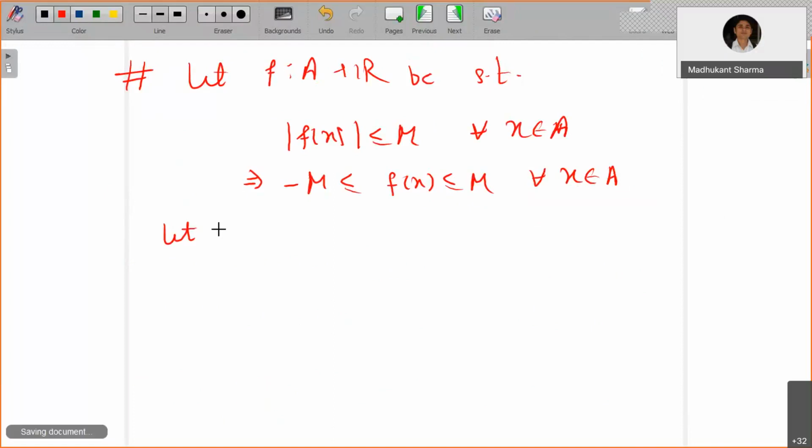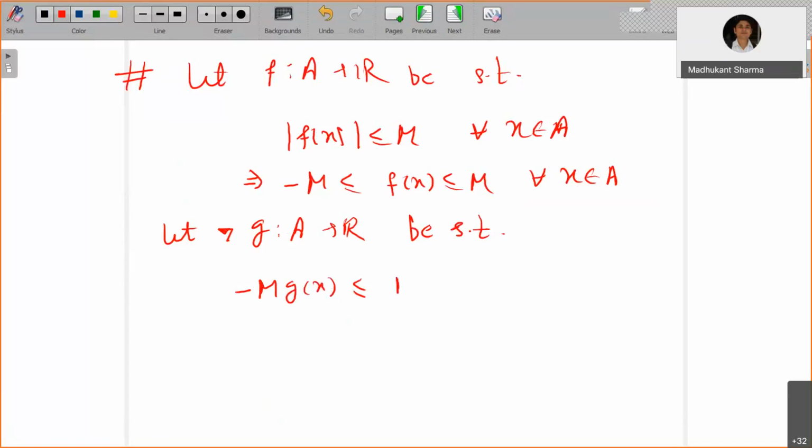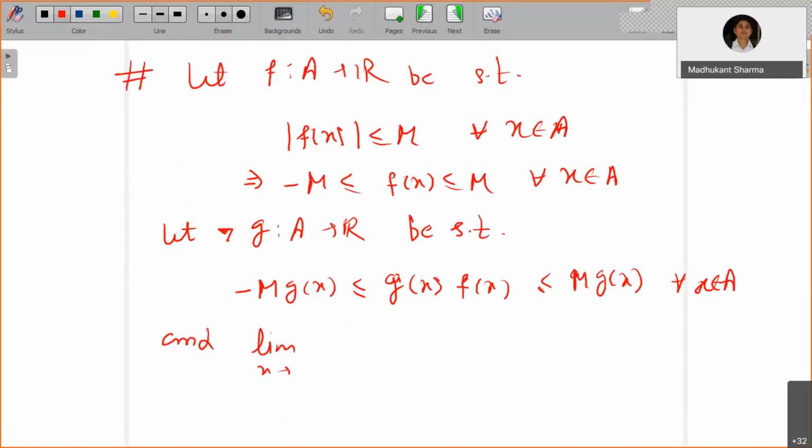Now let g from A to R be such that minus M times g of x is less than or equal to g of x times f of x, less than or equal to M times g of x for every x in A, and limit x tends to c, g of x is 0. Then only you can apply the sandwich theorem.